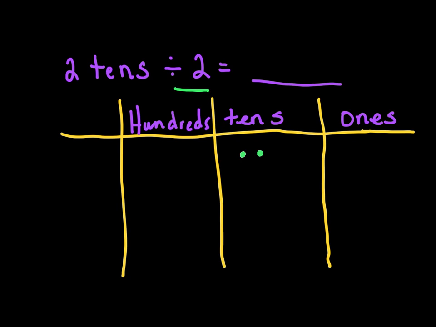And when we take that away, we're going to be left with 10, because 2 goes into 2 tens 10 times. We're left with that 10.